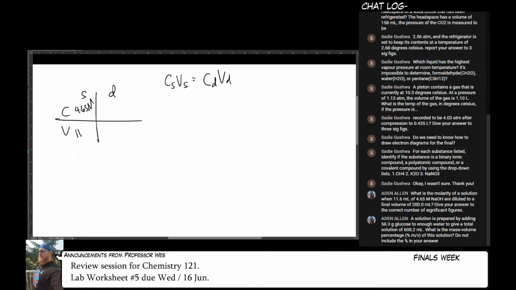And I have 11.6 milliliters of it. And then when I dilute it, the final volume will be 200 milliliters. And I need to figure out its concentration. So we're going to solve for the concentration of the dilute solution.